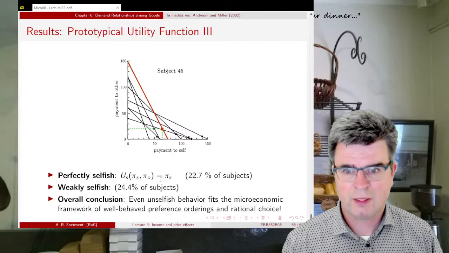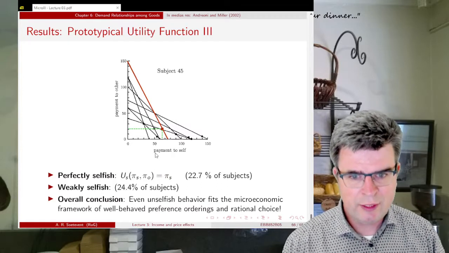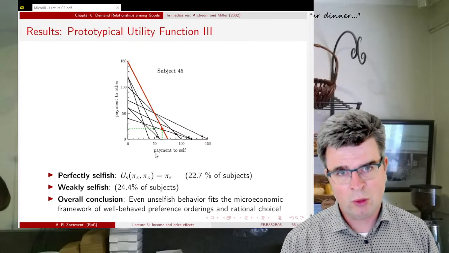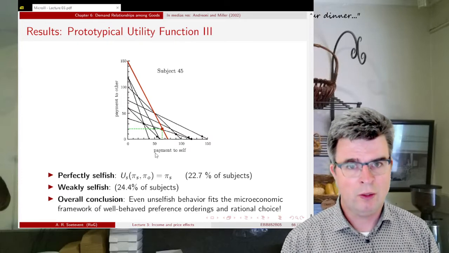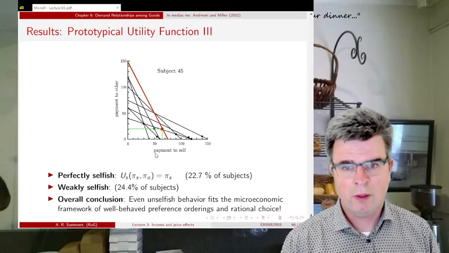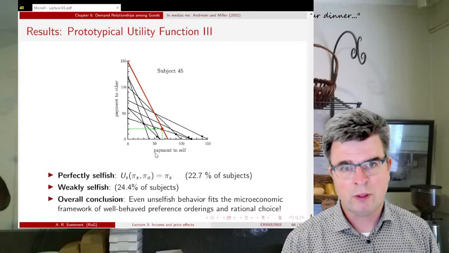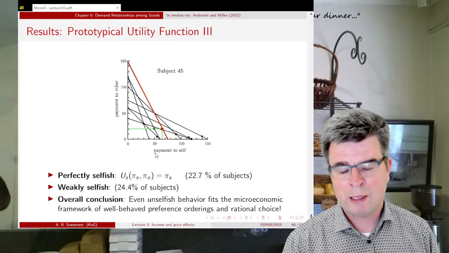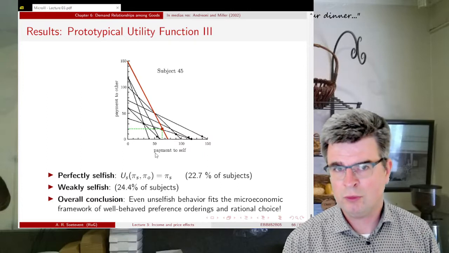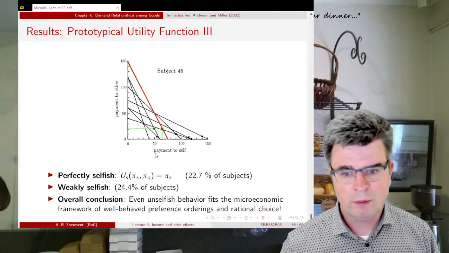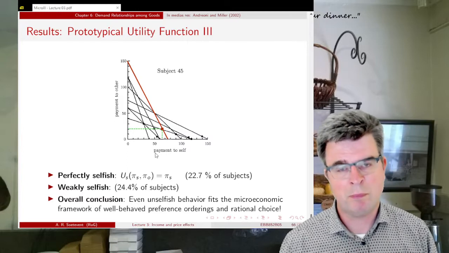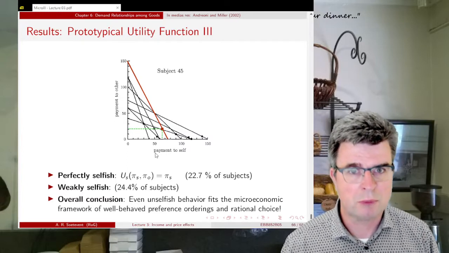Overall conclusion of this study is that we can use our microeconomic models also to model unselfish behavior and also choices that are about giving away money, charitable giving. They can be well described with our common framework, and our utility framework can describe the preference orderings and the choices that people make in those settings reasonably well.